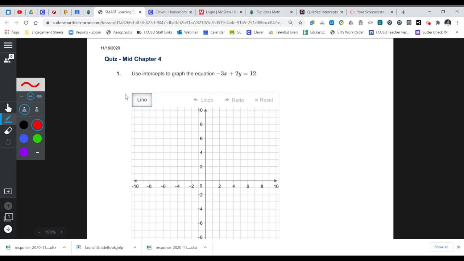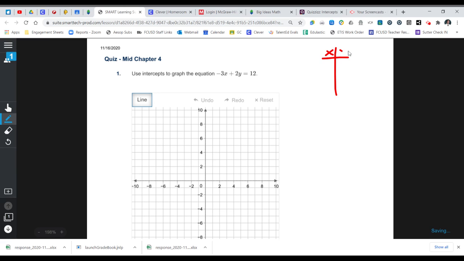Let's jump into it. Problem 1, use intercepts to graph the equation. Well, to do that, I create a little t-chart, and I want to find the y-intercept, which is when x is 0. So x is 0, so that means I'm going to plug in 0 for x and keep y unknown.